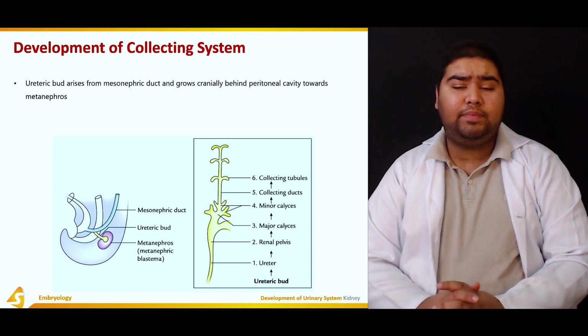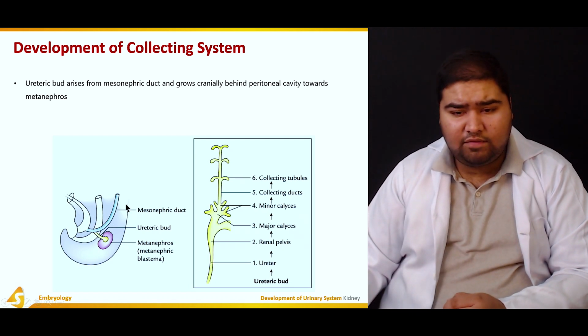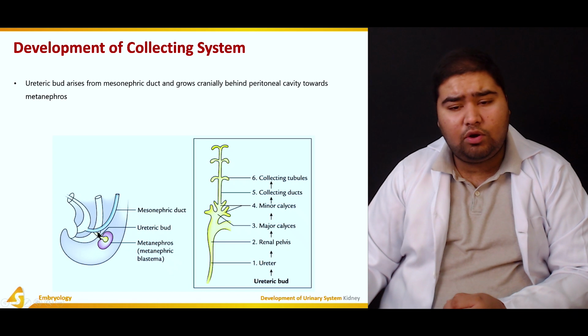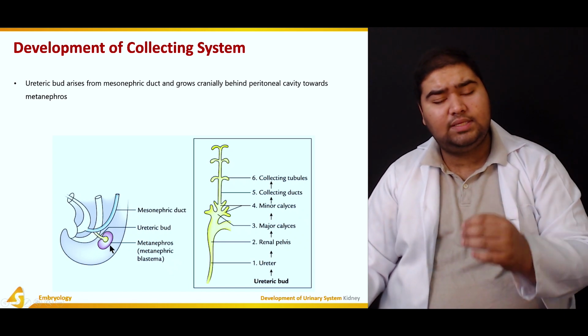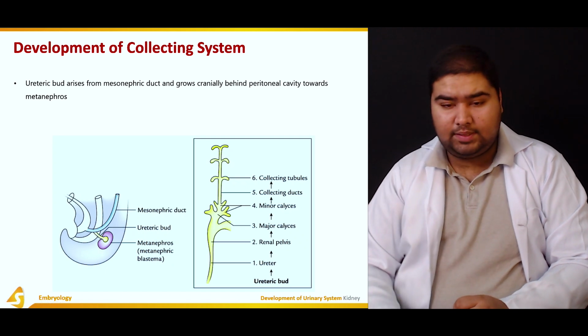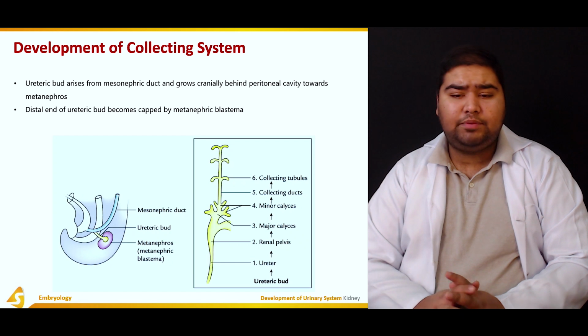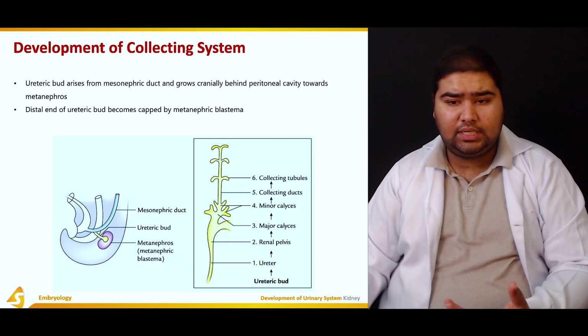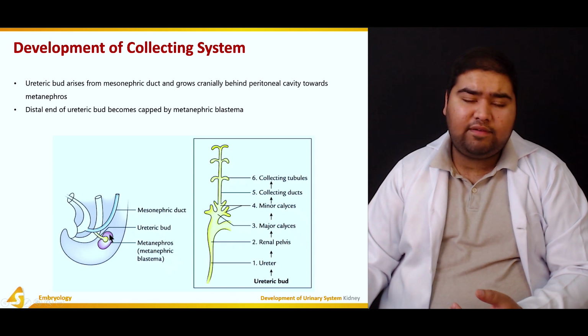So the ureteric bud arises from the mesonephric duct. This is the mesonephric duct in blue. It arises from the caudal part of the mesonephric duct, and then it grows towards the metanephros. So the distal end of the ureteric bud becomes capped by this metanephric blastema. So this is the metanephric blastema.